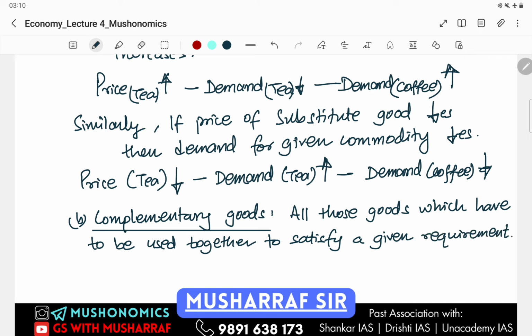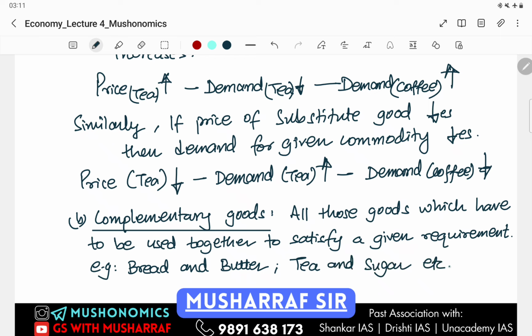This is known as what? This is known as complementary goods. For example, bread and butter, or tea and sugar, etc. These are examples of complementary goods.